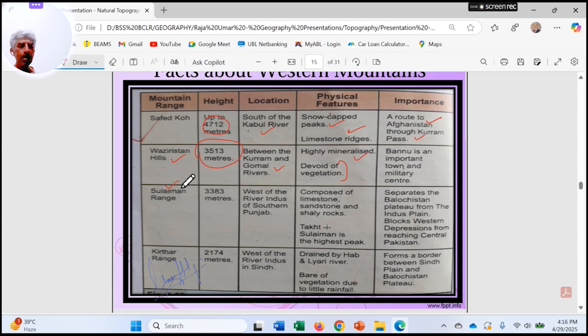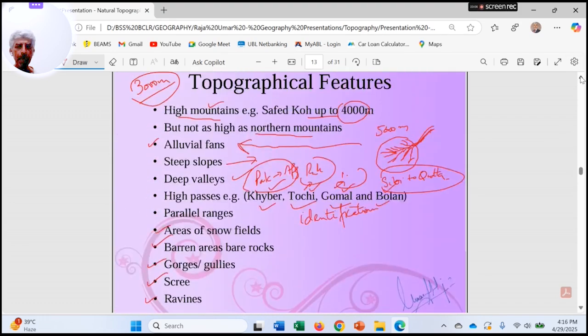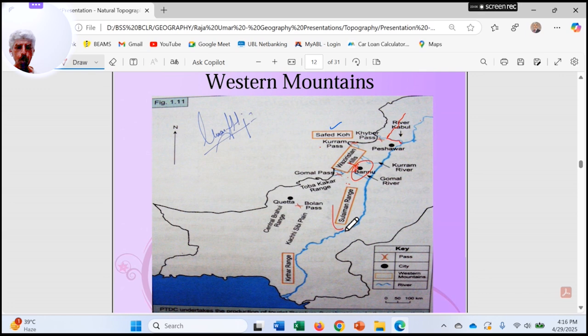And then Suleiman Range, the third one. The maximum height of Suleiman Range is 3,383 meters from the sea level, west of the River Indus of southern Punjab, bordering between Punjab and Balochistan. Over here, this I identified earlier, on the western side of River Indus.